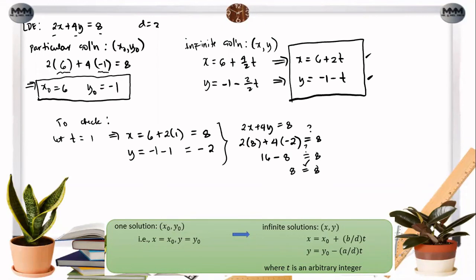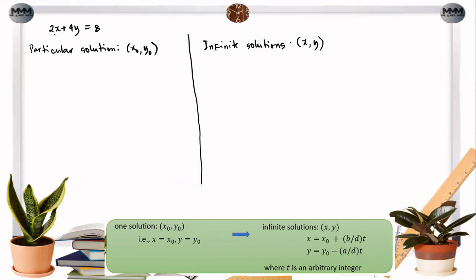As you observed here, for our linear Diophantine equation, 2x plus 4y equals 8, we have shown the infinite solutions in different representations or forms based on the particular solution we have used. To summarize, for our particular solution, first, x sub 0 is equal to 2 and y sub 0 equals 1.